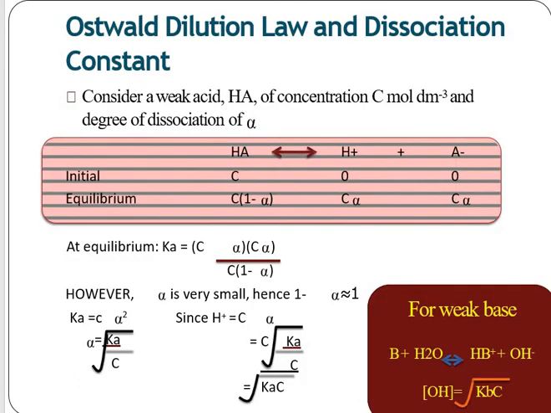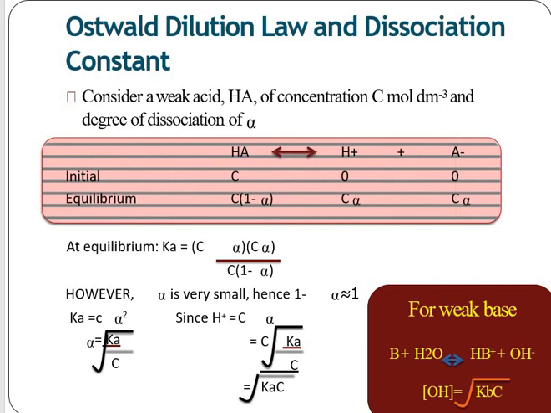Now the next point will be Ostwald's dilution law and dissociation constant. Consider a weak acid HA of concentration C mole per decimeter cube and degree of dissociation alpha.